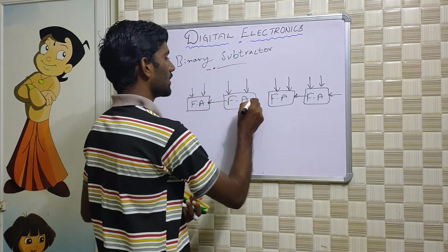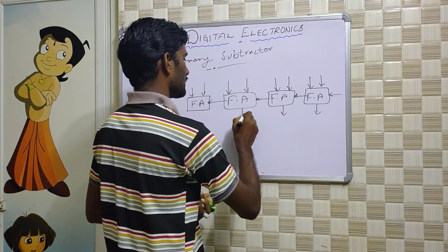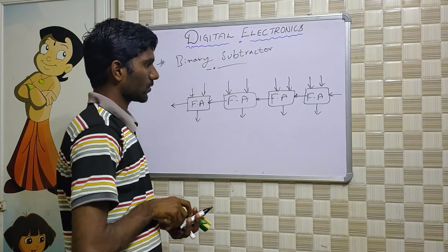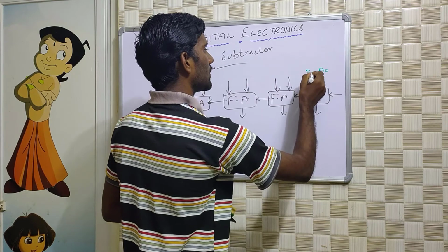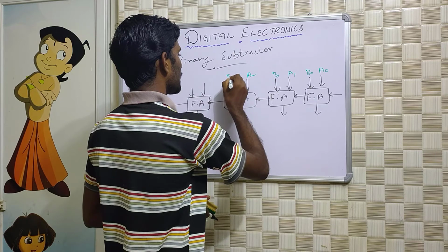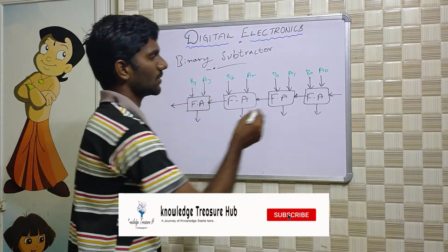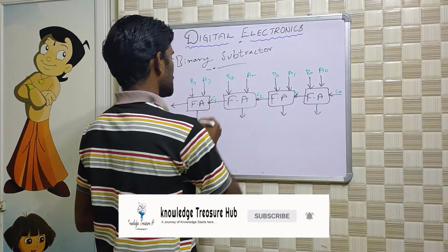So there will be 3 inputs and 2 outputs. So what are the inputs? A0, B0, A1, B1, A2, B2, A3, B3, and the carries C0, C1, C2, C3.